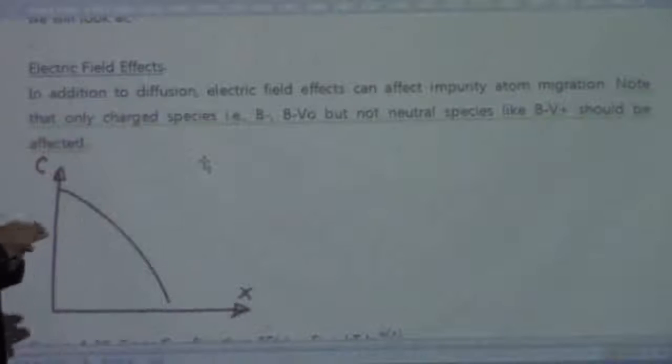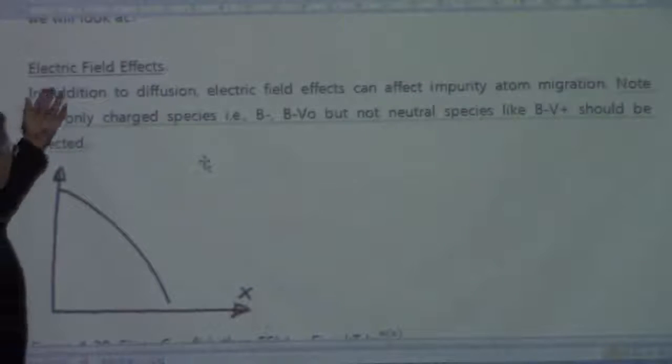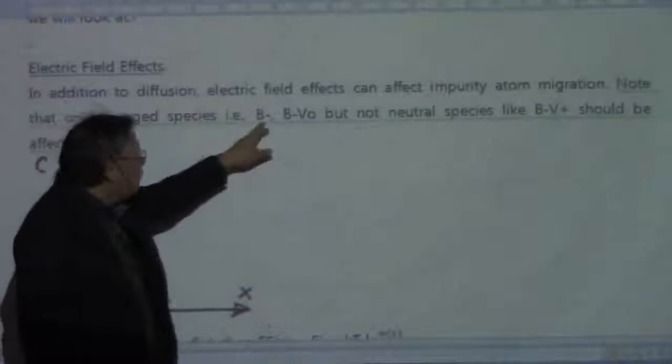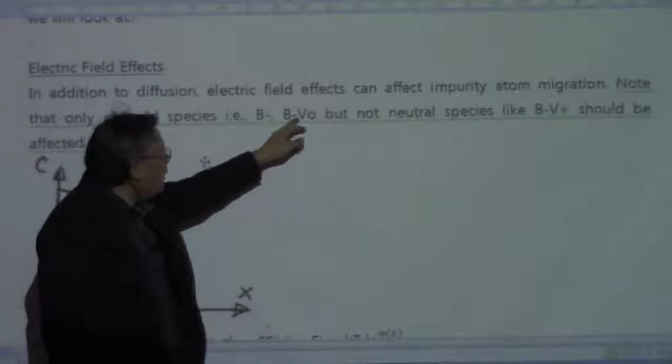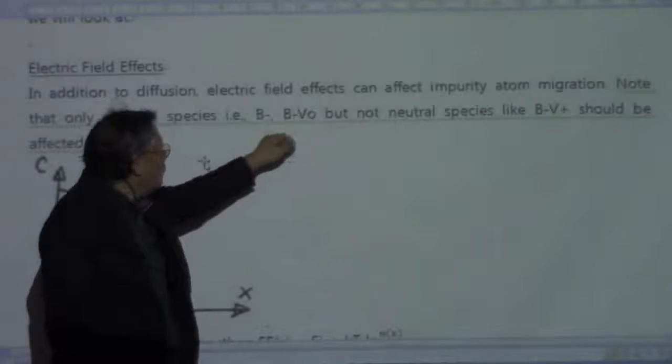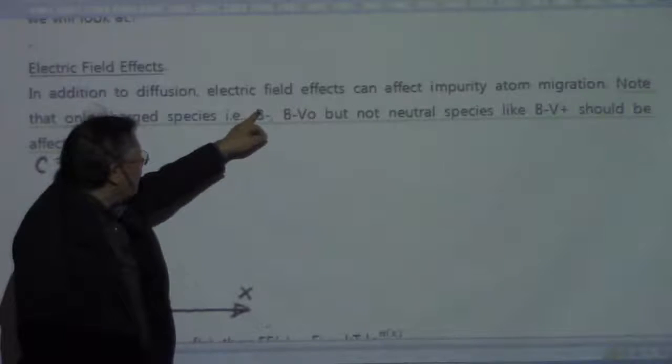So we don't have to take into account the electric field term for that species. Electric field effects only apply for the negatively charged one, B minus, and V neutral.